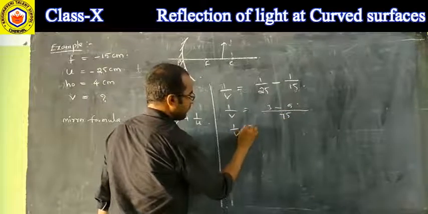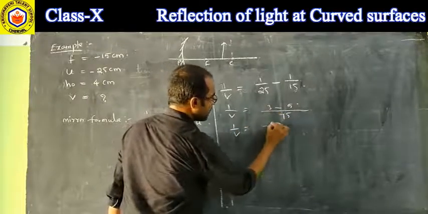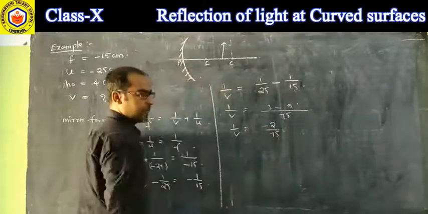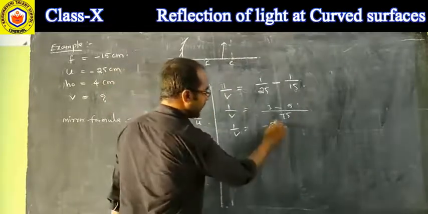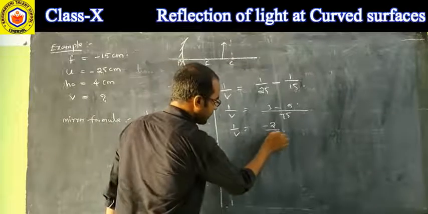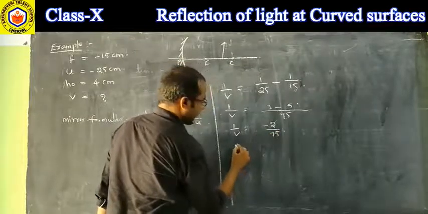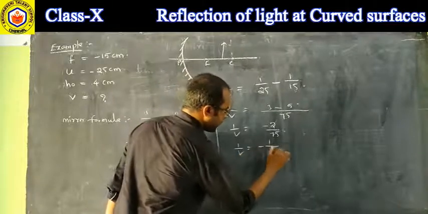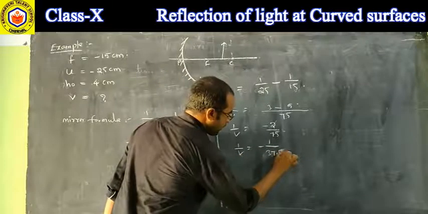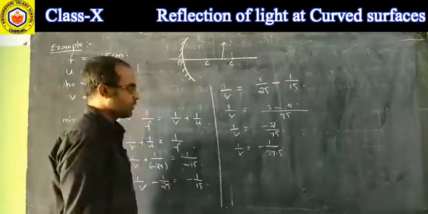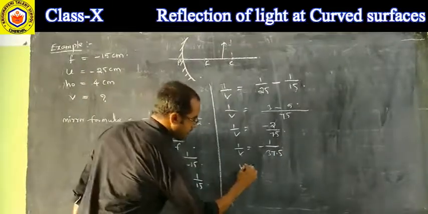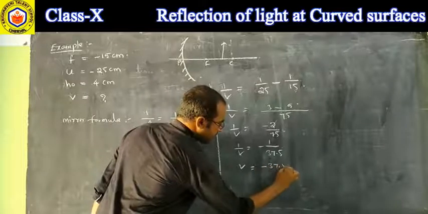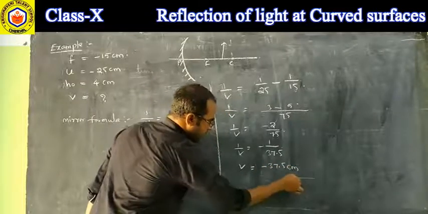Then 1 by V equals minus 2 by 75, which gives minus 1 by 37.5. Then V equals minus 37.5 centimeters.